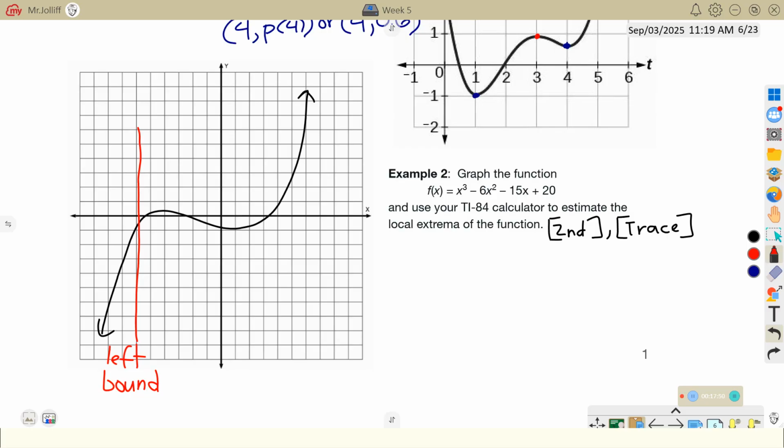A right bound. So you're going to move your cursor to the right of where you think your peak is. So once the cursor's to the right of the peak, you're going to press enter. And after you've done that, what does it ask? Guess. And you're going to press enter again to say, yes, please guess.